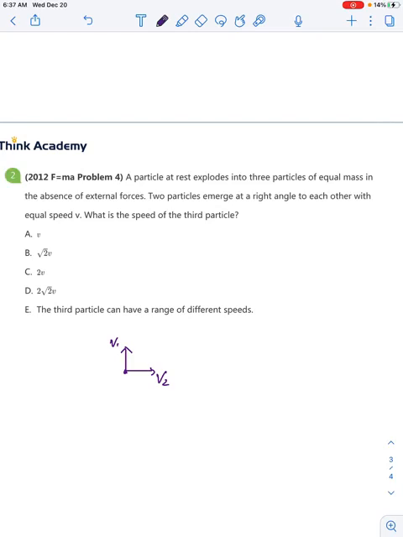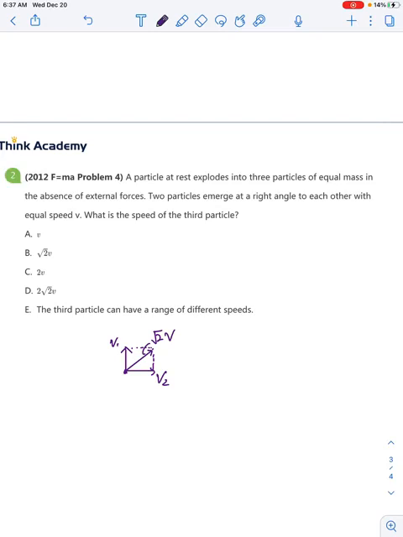We can first combine them. Although we are talking about velocity, we can still use the same vector combination. The combined velocity of the first two will be toward this direction, and we can calculate it to be square root of 2 multiplied by v using the right triangle.